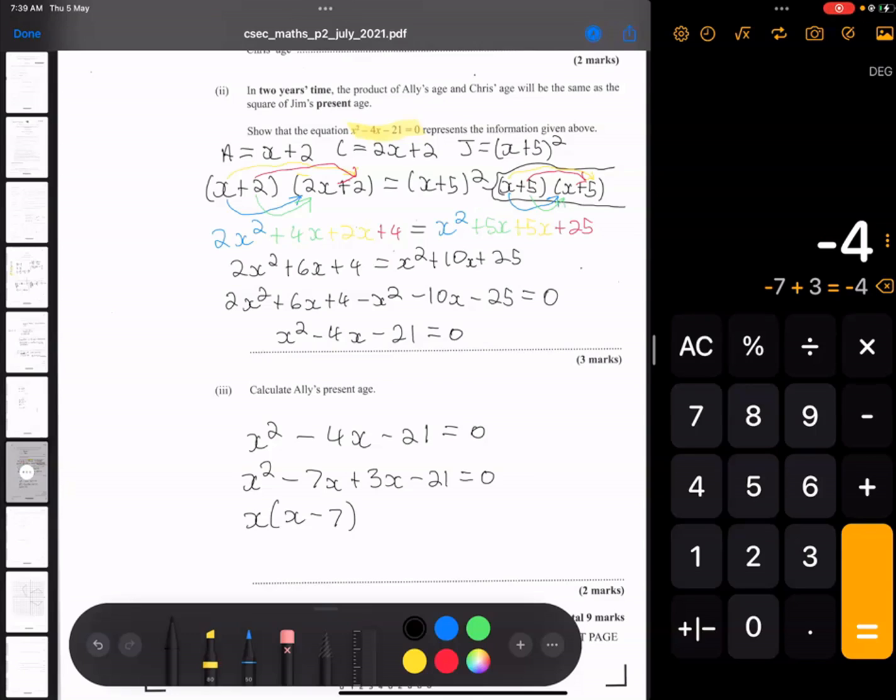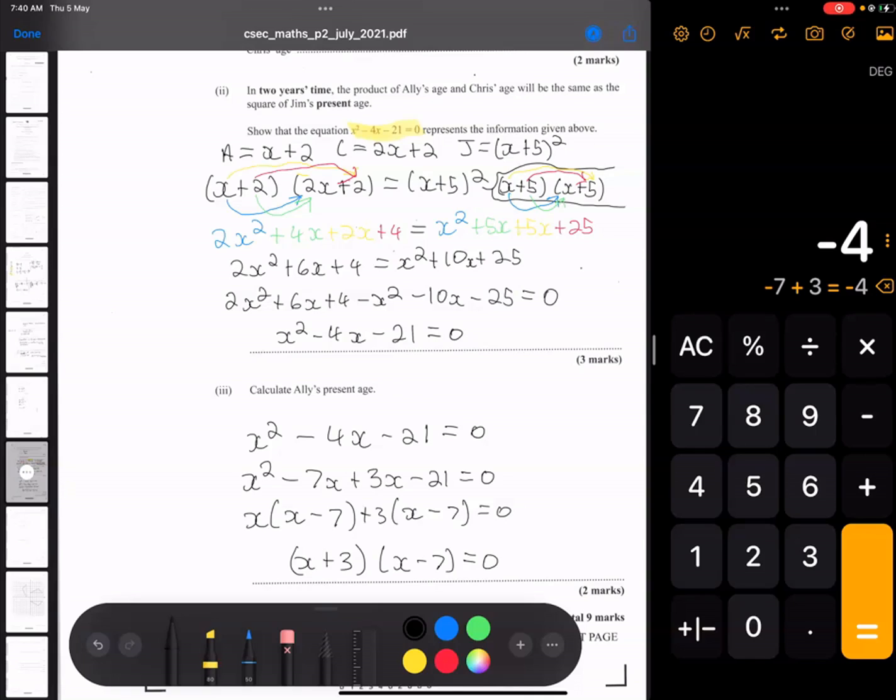And then for the 3x take away 21, we'll factor out the 3, which will then give us x take away 7. So we could then rewrite this as x plus 3 times x take away 7 is equal to 0.